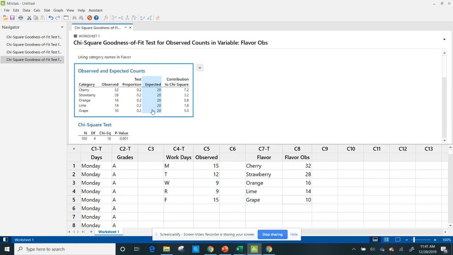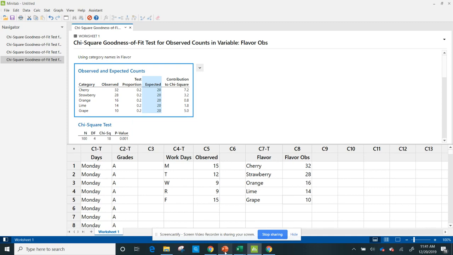So the expected for each category is 20. Contribution to the chi-squared, it does the expected with the observed formula, and it gives me the contribution. Here, it gives me the sample size of 100. Degrees of freedom is 4, and that again is number of categories minus 1, chi-squared value of 18, and then the p-value of 0.001.